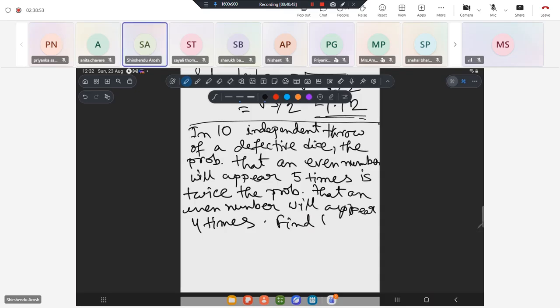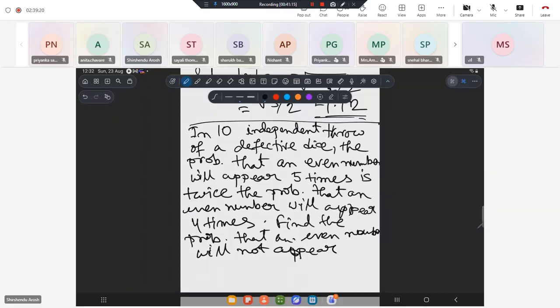Find the probability that an even number will not appear at all in 10 independent throws of the dice.